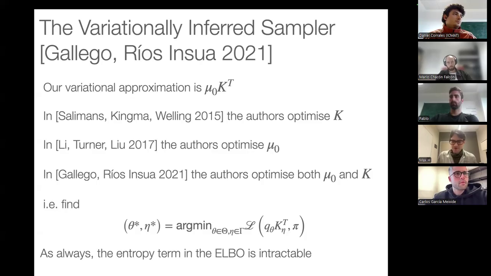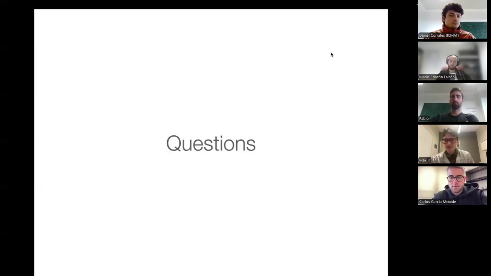And so the authors construct many ingenious techniques to either approximate the ELBO or adjust it slightly. So check out the paper if you're interested in looking at that. Okay. Any questions so far?